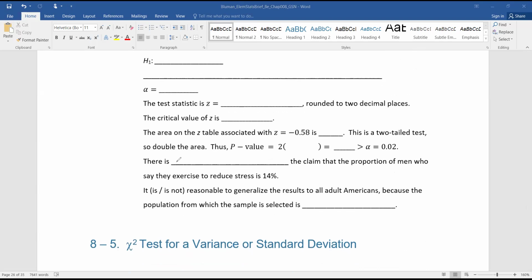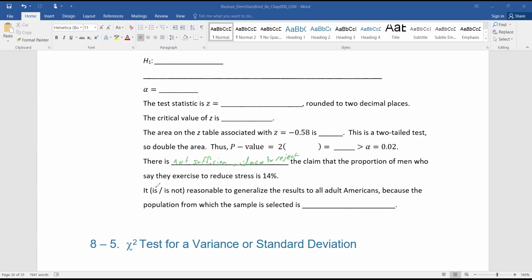So again, there's just not sufficient evidence to reject the claim. Remember, the claim was the null hypothesis, that the proportion of men who say they exercise to reduce stress is 14%.